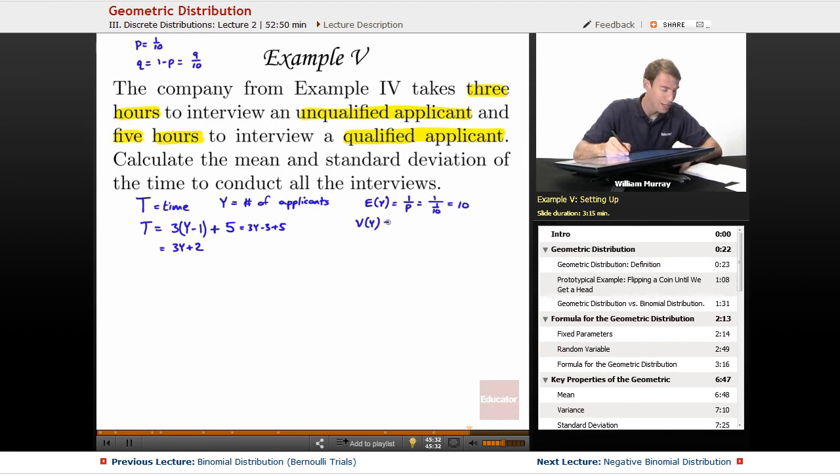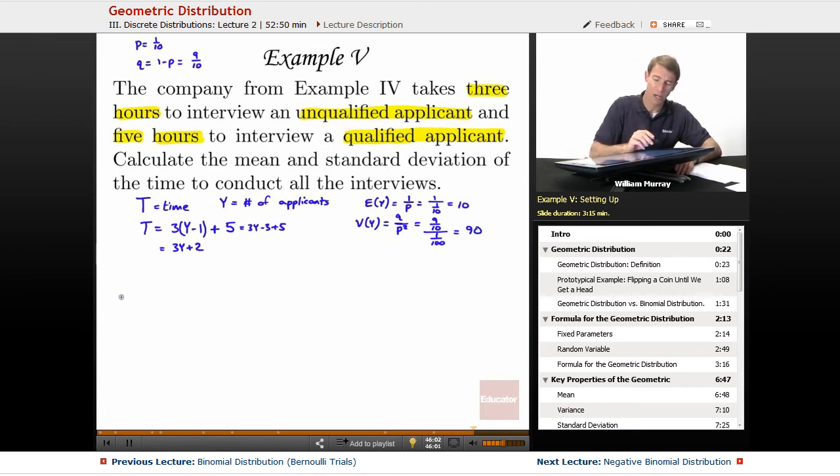So the variance of Y is always Q over P squared. Again, that's coming from one of the first slides in this lecture. You can scroll back and you can find that. So in this case, the Q is 9/10. P squared is 1 over 100. So if we do the flippity-flippity on the denominator, flip that up, we get 900 over 10. So that's 90. So that's the variance of Y.